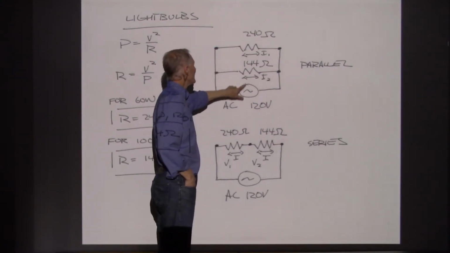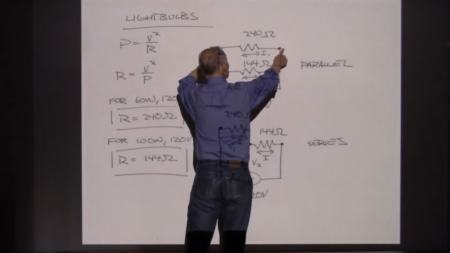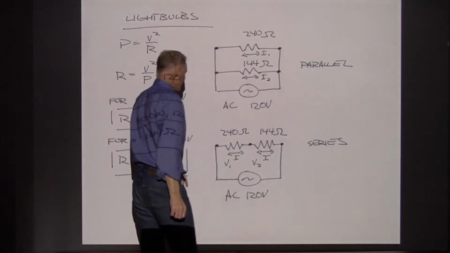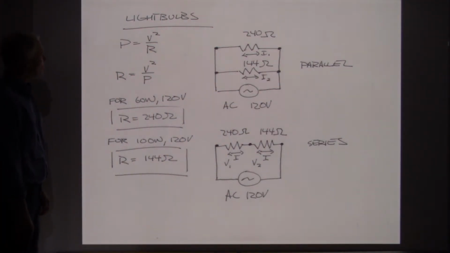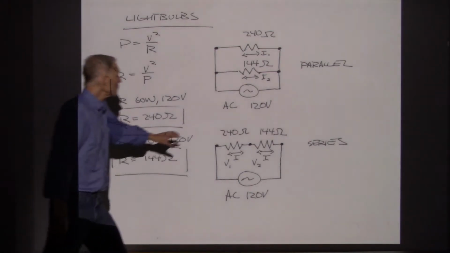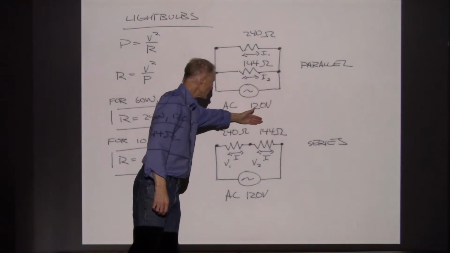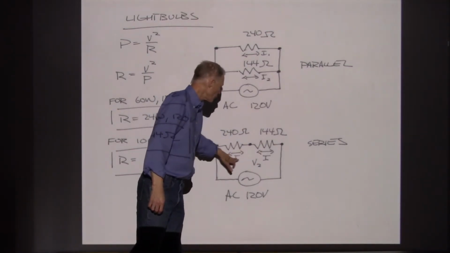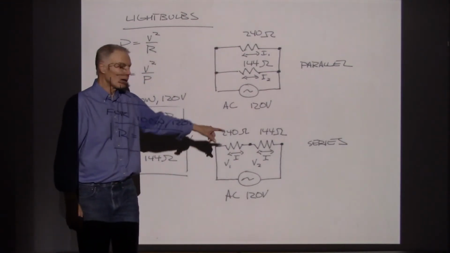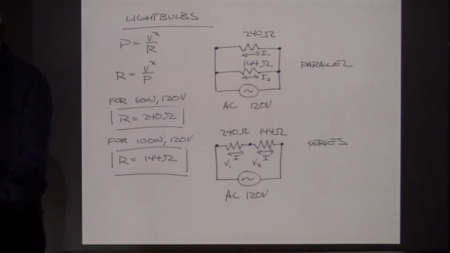And now I can calculate current 1 and current 2 as voltage divided by that resistance, for each one of those. When I put these two in series, I'm going to end up with more resistance, and I'm going to end up with a reduced current. The current will be the same through both of these, and I'm going to have lower currents and lower voltages in the lower picture.